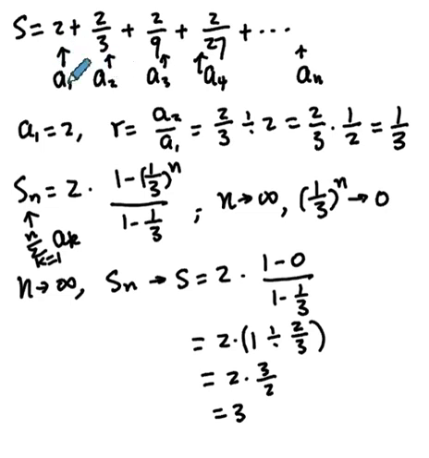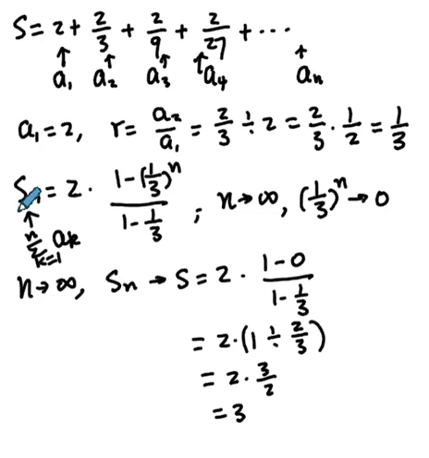So a2 divided by a1 is 2/3 divided by 2, and then flip 2 into 1/2, cancel 2, we have 1/3. So the ratio r is 1/3.